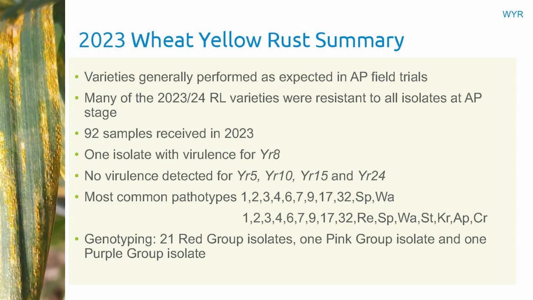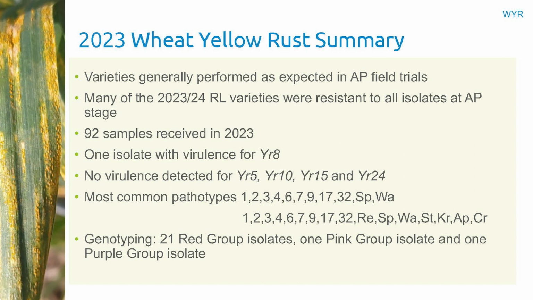So my wheat yellow rust summary. The varieties generally performed as expected in my adult plant field trials. Many of the 2023-24 RL varieties were resistant to all isolates at adult plant stage. I received 92 samples in 2023.